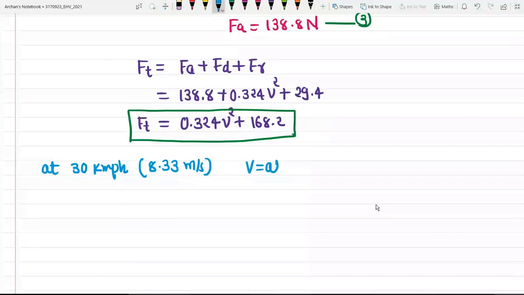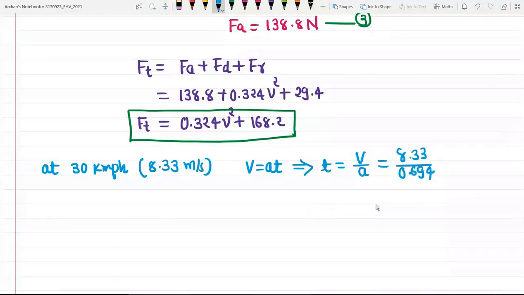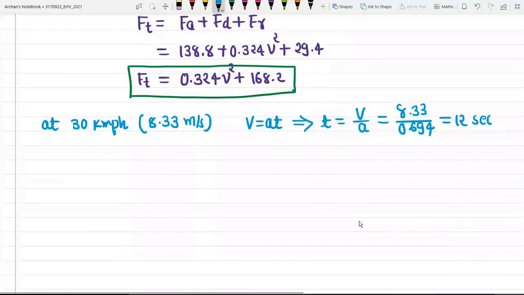Now time t is equal to v by a, where v is 8.33 divided by acceleration 0.694. So ultimately the time will be 12 seconds. In this 12 seconds we will reach our 30 km per hour speed.